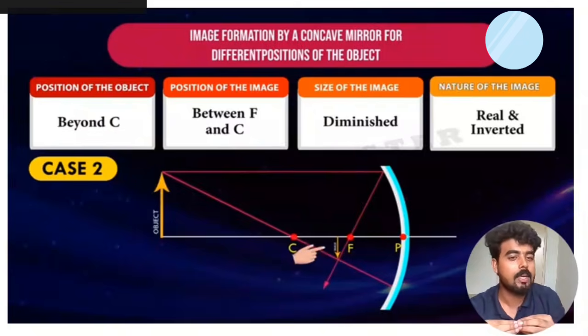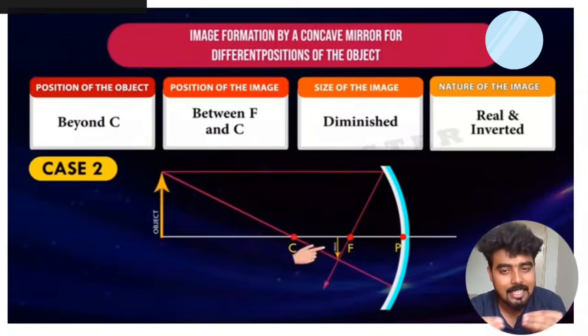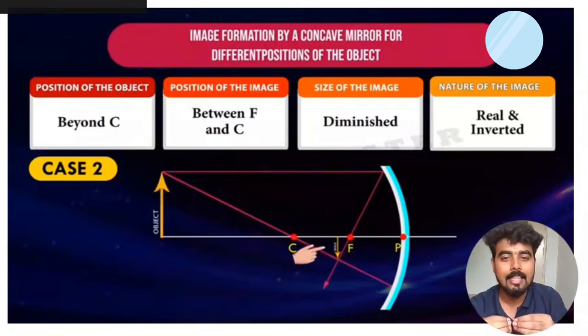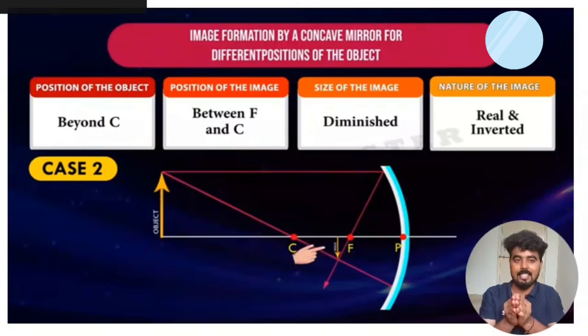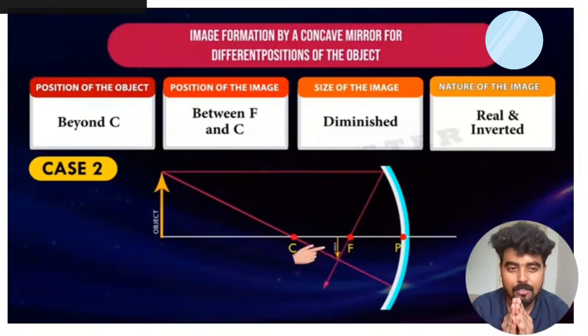So we are going to combine rule number 1 and rule number 3 together to get the image formation. Okay. So they intersect between C and F. Therefore, the image formed is between F and C. Here F is the focus and C is the center of curvature.